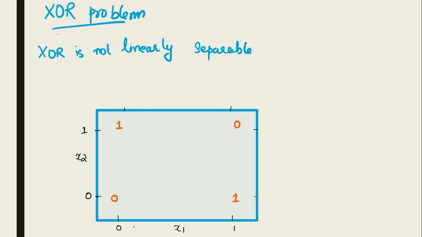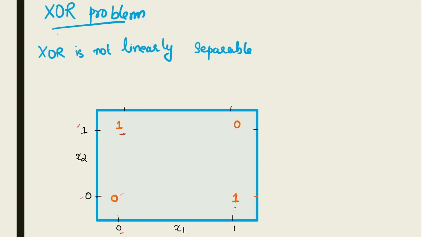When x1 equals 0 and x2 equals 0, the output should be 0. Then x1 equals 0 and x2 equals 1, the output should be 1. When one of the inputs is 1, the output should be 1.